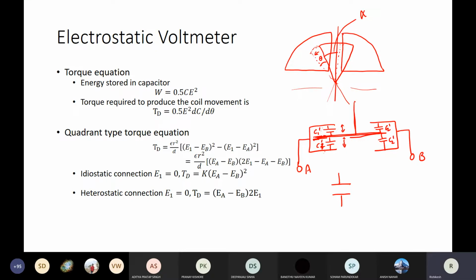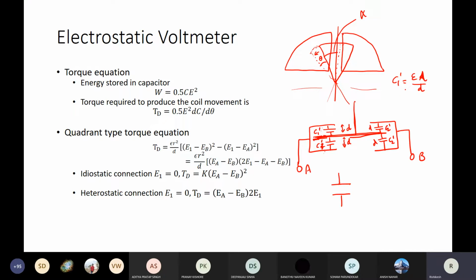Okay, two capacitances. Right? Now we know that C1 dash, let's say, is epsilon A by D. A is the area of overlap, and D is the distance between these two. Let's say the distance between these two is D. This is also D, and this is also D.